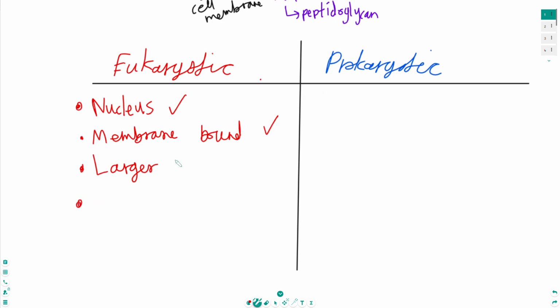So now we have eukaryotic cells. They have larger ribosomes. Another difference between these two is the ribosomes. These ones have 80S ribosomes, I believe.